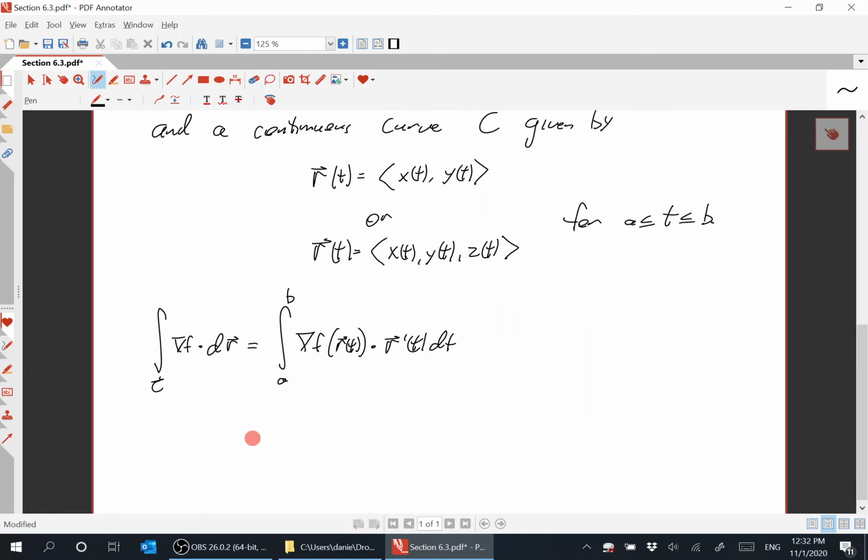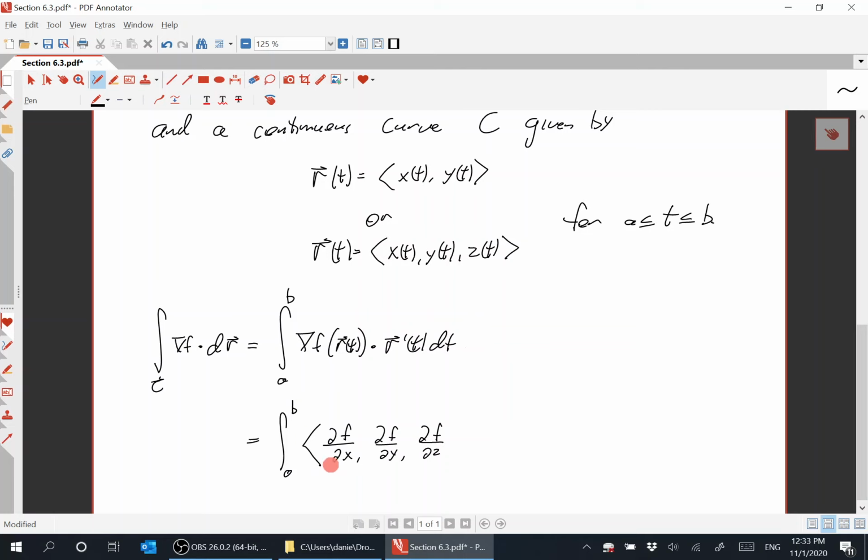So this is equal to the integral from a to b of partial f partial x, partial f partial y, partial f partial z. Of course, x is a function of t, as is y, as is z, but it doesn't change what the gradient is.